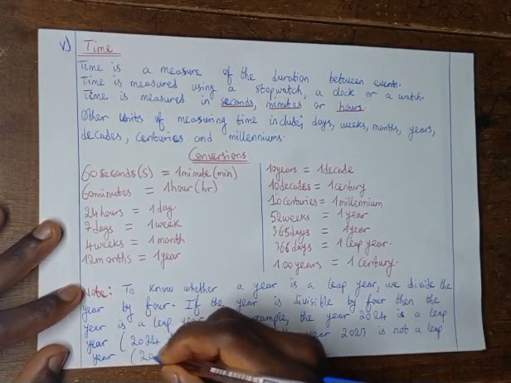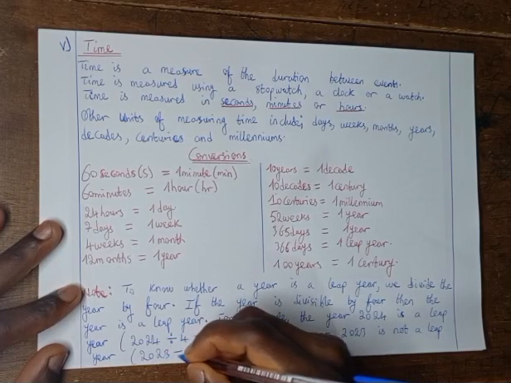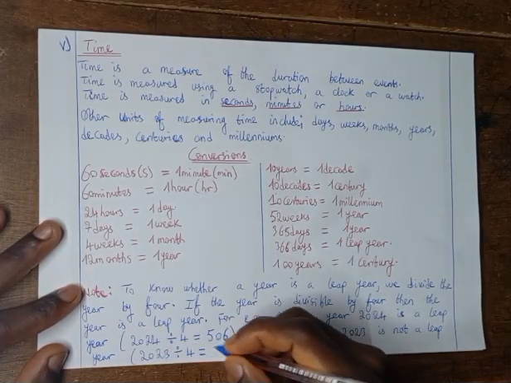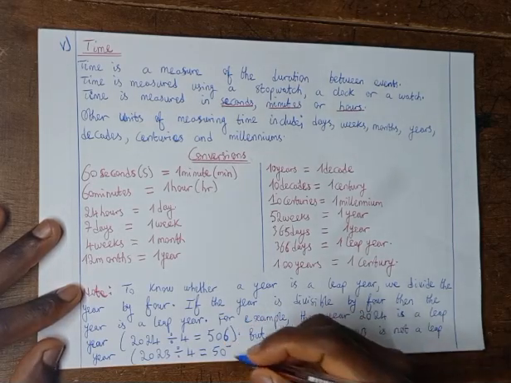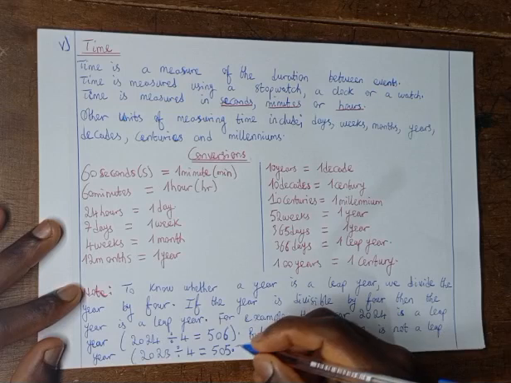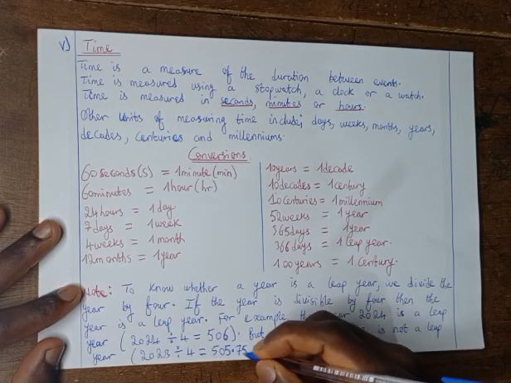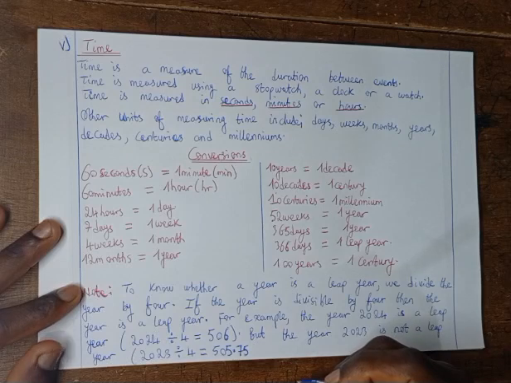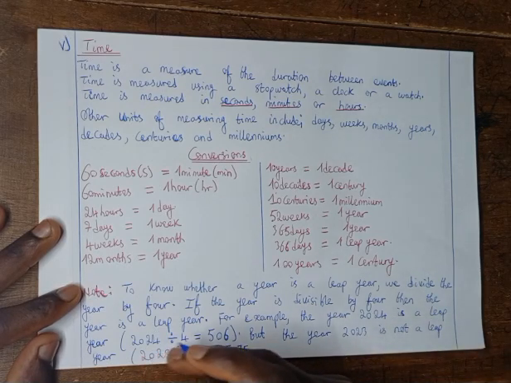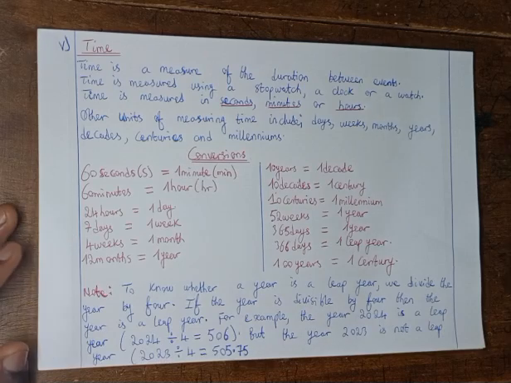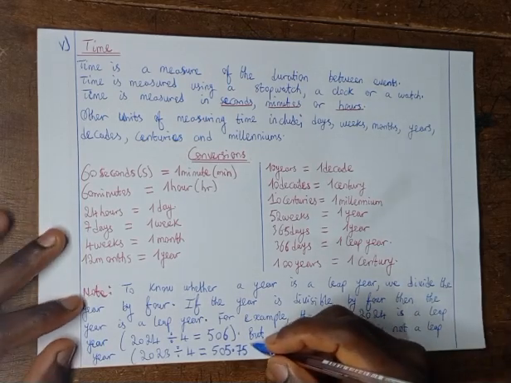So if you take 2023, divide 2023 by 4, this will give us 505.75. You can see it is not a whole number. So this year 2023 is not a leap year. And that's why if you go to the year 2023, the month of February has 28 days.